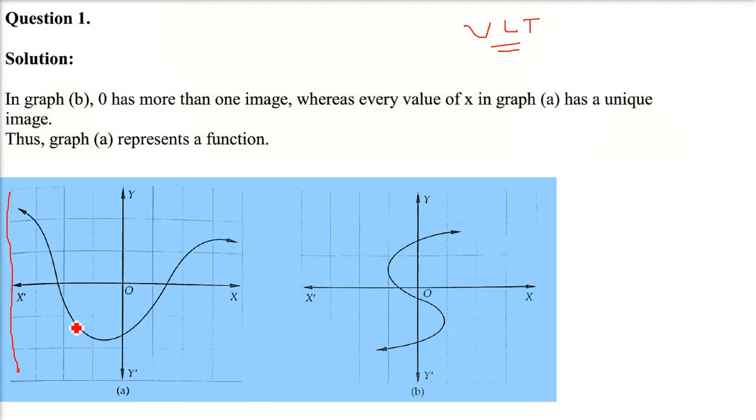If it is intersecting at only one point, then this graph is a function. If it is intersecting at more than 1 point, because more than one is enough, then that will not be a function.